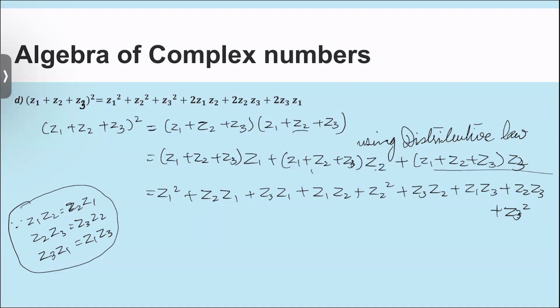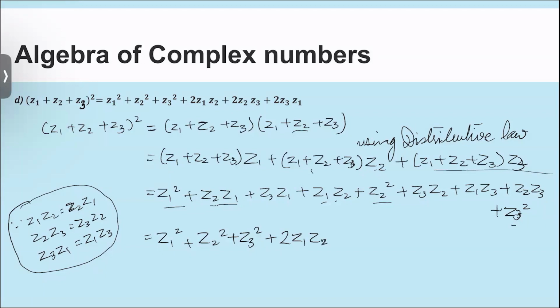So over here, we will take all these similar terms together. So you can first write down all these squared terms on one side for ease. So Z1 squared plus Z2 squared plus Z3 squared. Okay, then you have two of these similar terms. So you have 2 Z1 Z2.